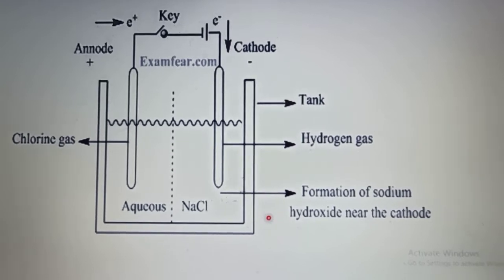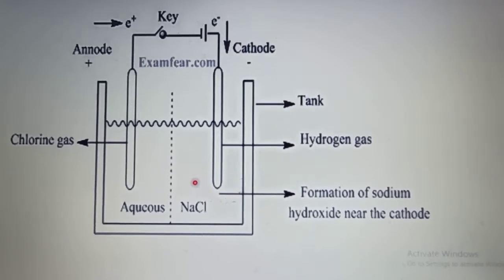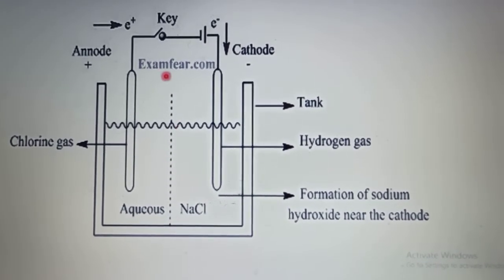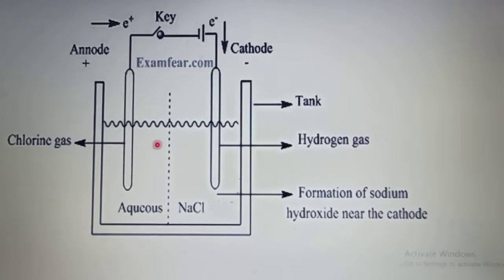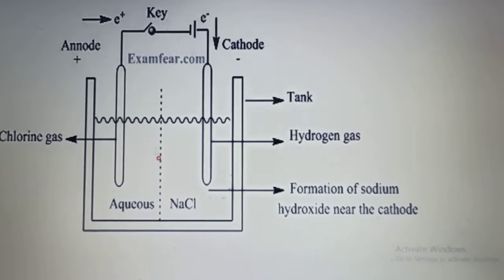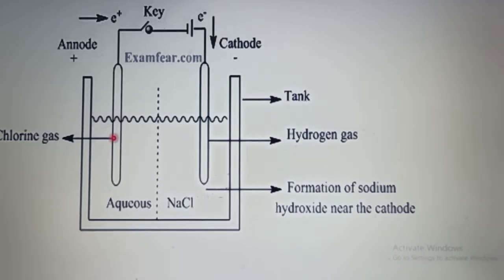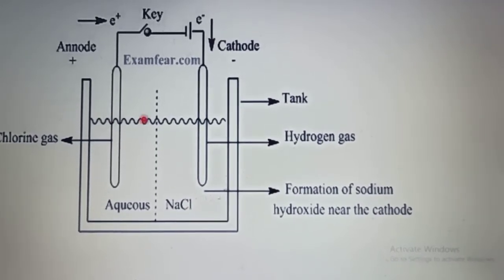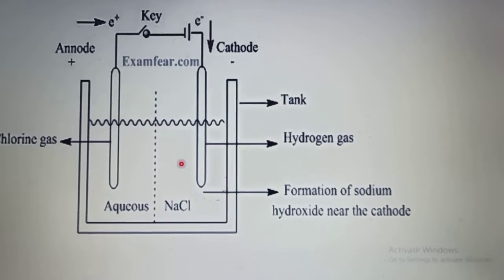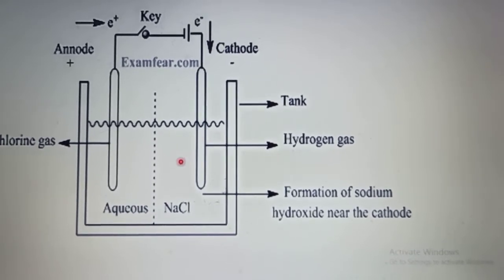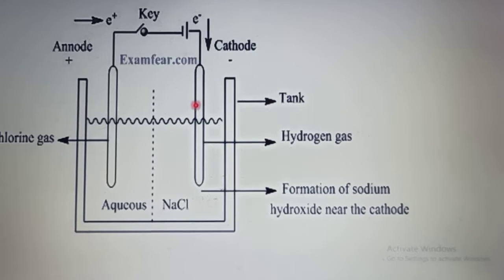See how electrolysis is done for this reaction. Aqueous solution of sodium chloride is taken in this container. First of all, remember always, whenever electrolysis is done, two electrodes are required.